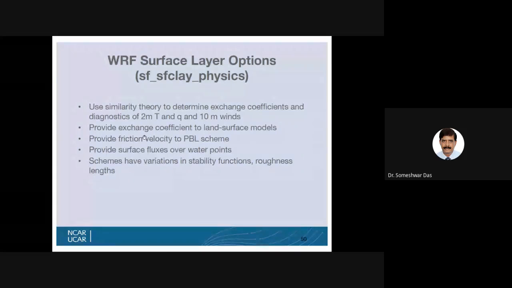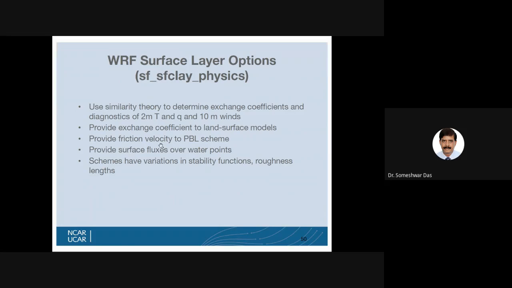Then this is the name of the parameter which controls the surface layer physics: sf_sfclay_physics. Depending upon which option you are choosing, it uses similarity theory to determine exchange coefficients and diagnostics of the 2-meter temperature of the air, specific humidity, and 10-meter wind.